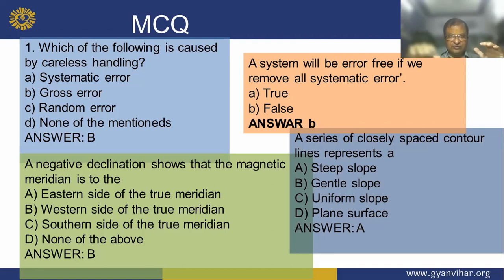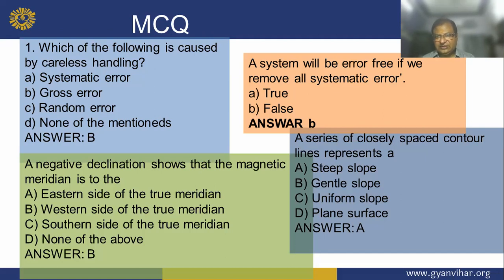A negative deflection shows the magnetic meridian to the eastern side of the true meridian or the western side of the true meridian. What is the correct answer? The correct answer is B, the western side of the true meridian.